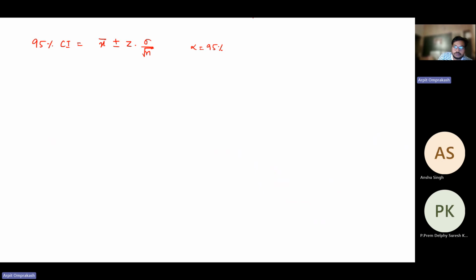So the z value here will be 1.96. We just learned how to get that from the table. Basically, x bar is 80, sigma is 10, and n is 25.